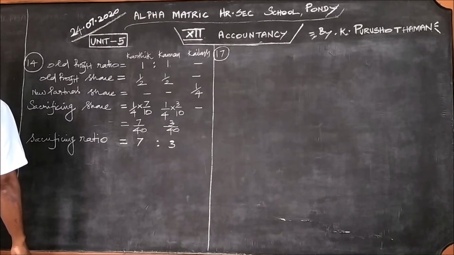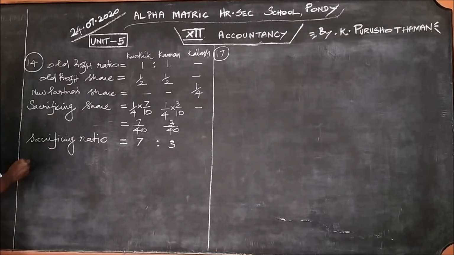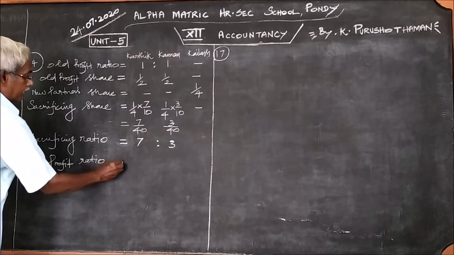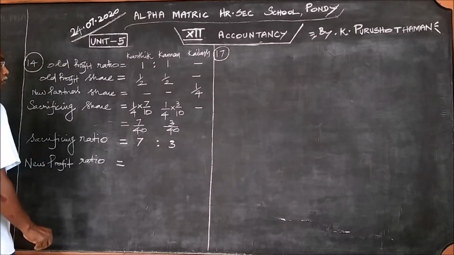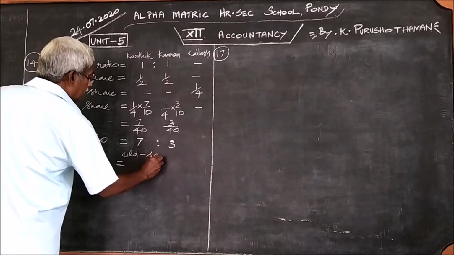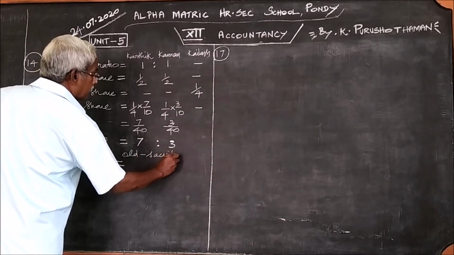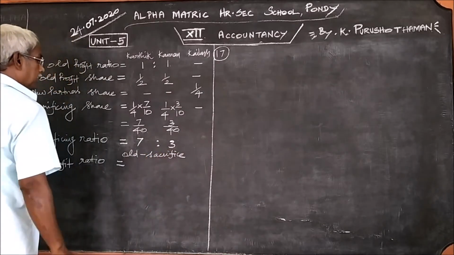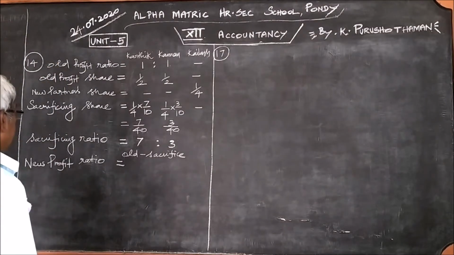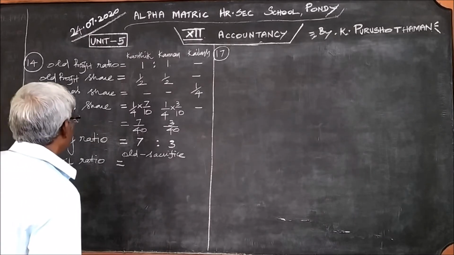Now the new profit sharing ratio. What is the new profit ratio? How to find the new profit? Old minus sacrifice. From the old, if you minus sacrifice, you will get the new profit ratio.